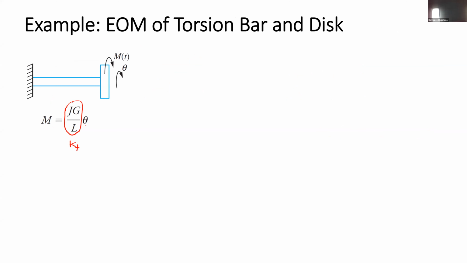Okay, in this problem, we have one torsion beam. The torsion beam has a cross section as a circle, and the length of the beam is L. The moment of area J. The material property G. This may be the shear modulus.